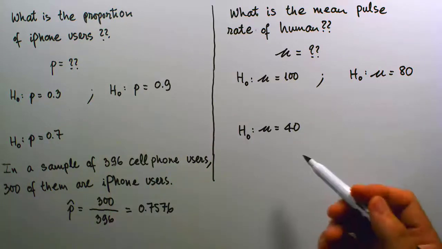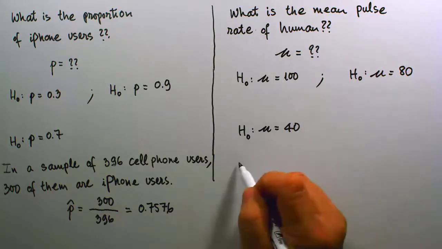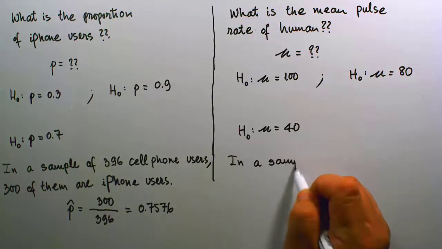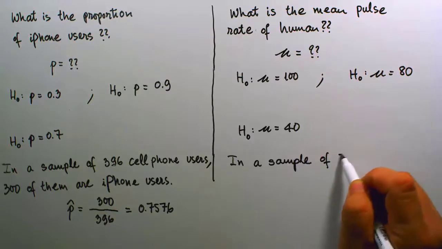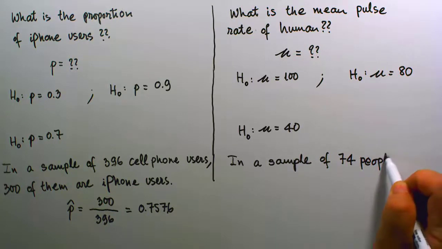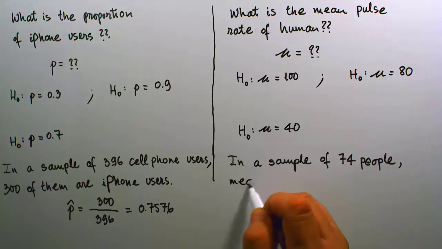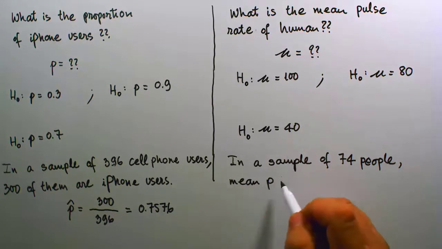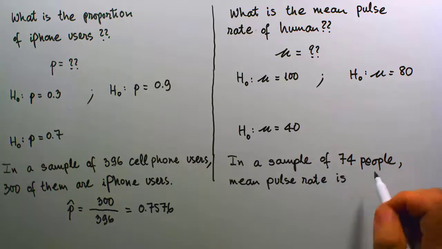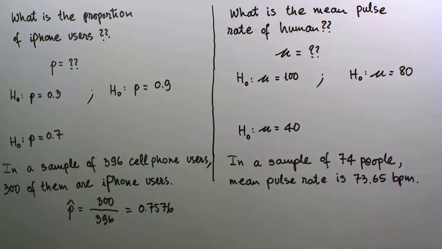So same way, for this question about the mean pulse rate of humans right here, we found out that in a sample of 74 people, the mean pulse rate is 73.65 beats per minute.